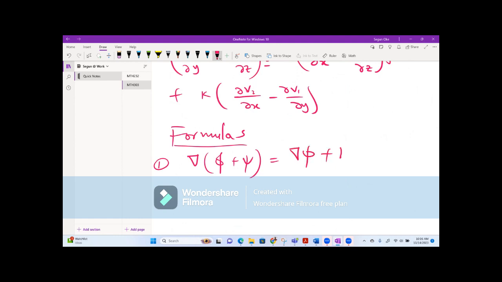All these we will use, or they can ask you to prove them in your exam. Number two: del dot A plus B simply means del dot A plus del dot B.